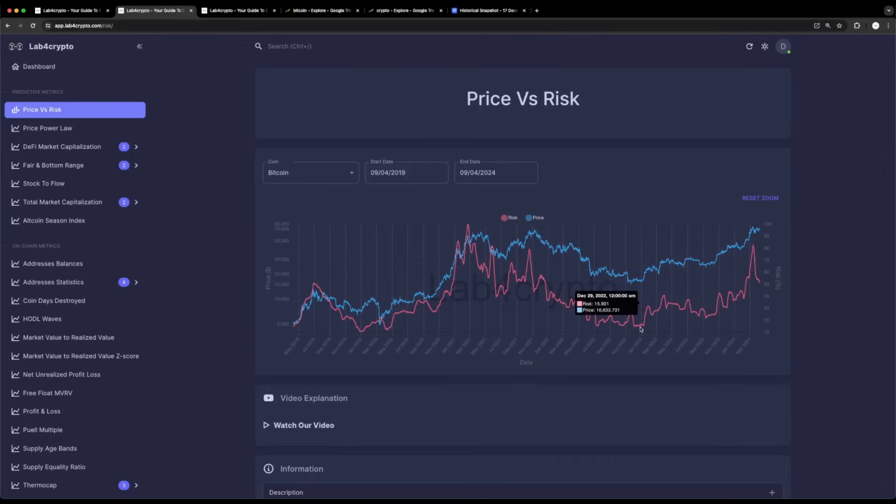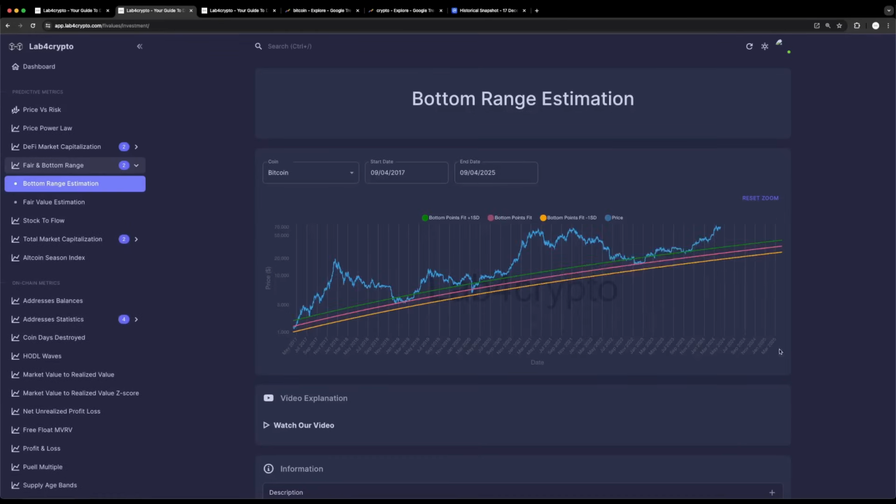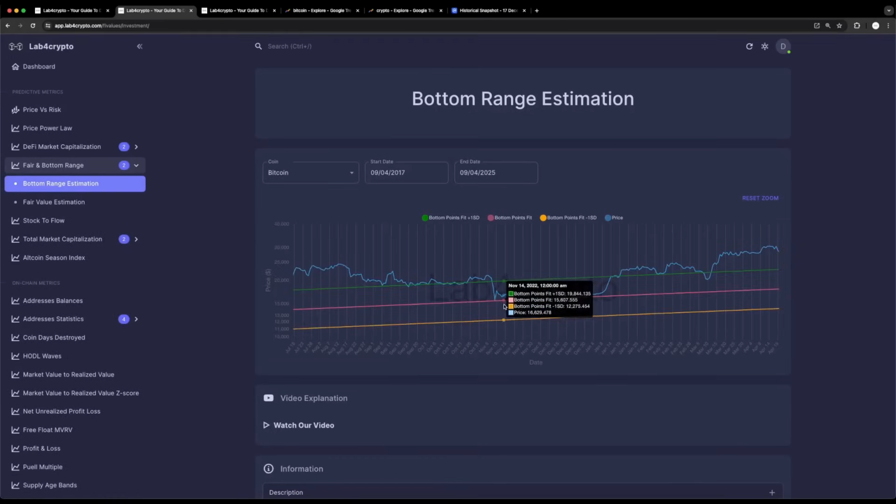The good thing is that this is documented also in our channel. If you also check our Twitter and Instagram, on the day that Bitcoin reached its bottom, I actually published the bottom range model, which showed that Bitcoin was bouncing on the bottom regression line, and that for me was a signal to enter the market.